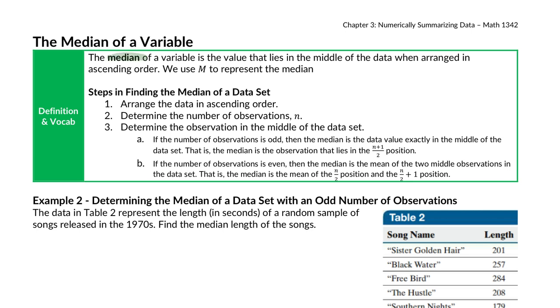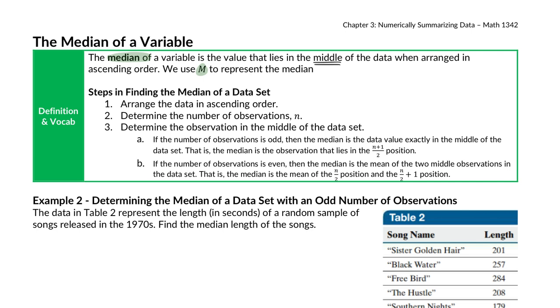The median of a variable is the value that lies in the middle of the data when arranged in ascending order. We're going to use capital M to represent the median, not lowercase m, specifically capital M. So to find the median, you're going to arrange the data in ascending order and determine the number of observations.